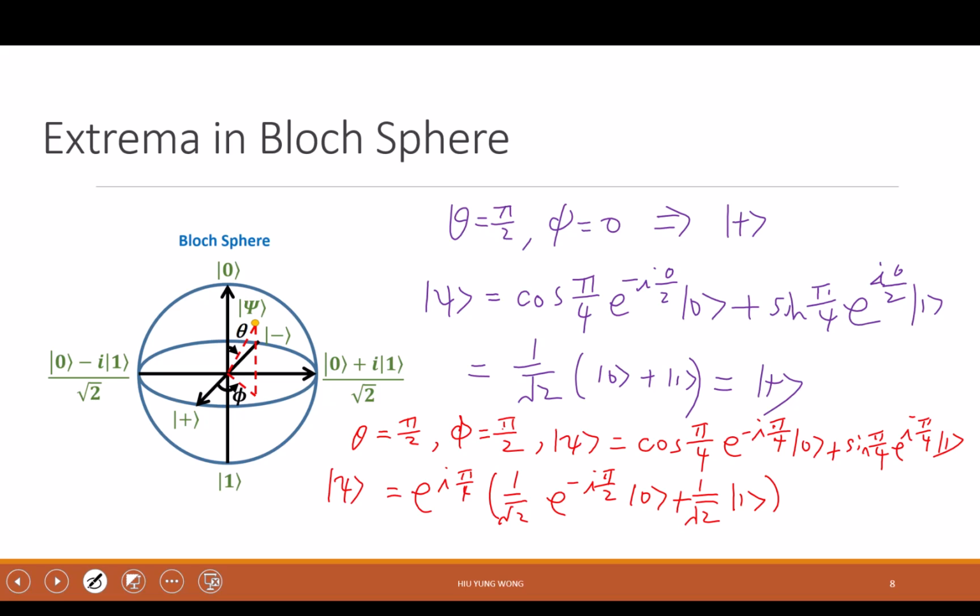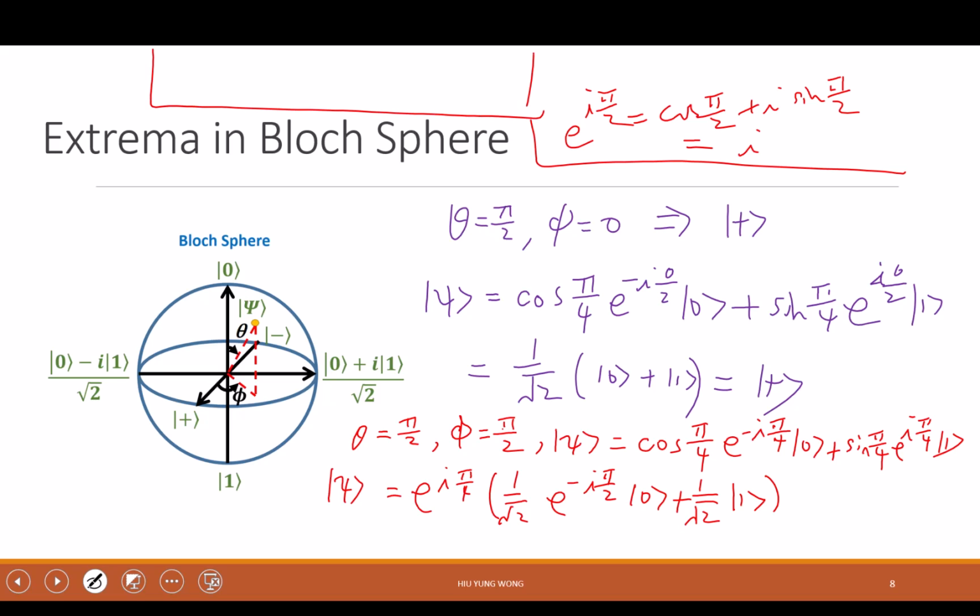Is that okay? What is e to the power i pi over 2? Cosine pi over 2, and then plus i sine pi over 2. Yeah, i, right? And then how about e to the power i pi over 4? We need to do it. I do it here, okay?